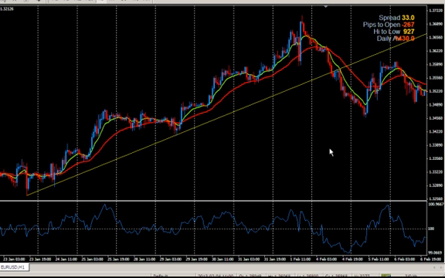Okay, the conditions are: number 1, the break of the trend, and we have to wait for one candle to confirm this break of the trend. So in our case we have this candle that has broken the uptrend, and the following candle which has confirmed its break. That was the first condition.